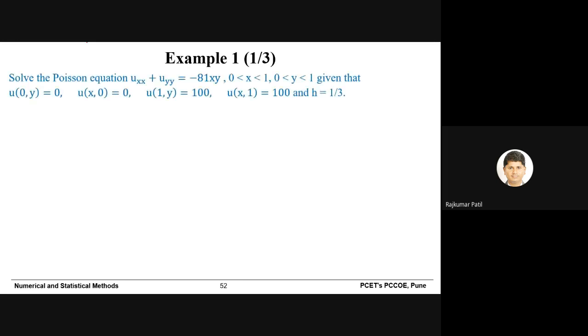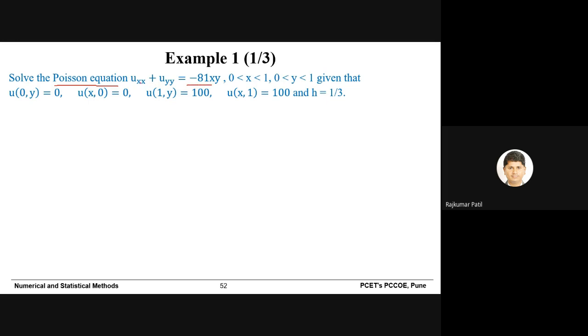Now, in order to understand, we will take one example. Please understand this particular problem because there are so many calculations you need to do, and if you do anything wrong, you will reach a wrong solution. Here is the problem. Solve the Poisson equation, where u_xx plus u_yy equal to minus 81xy.